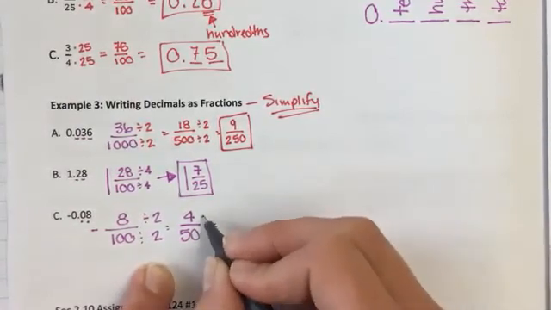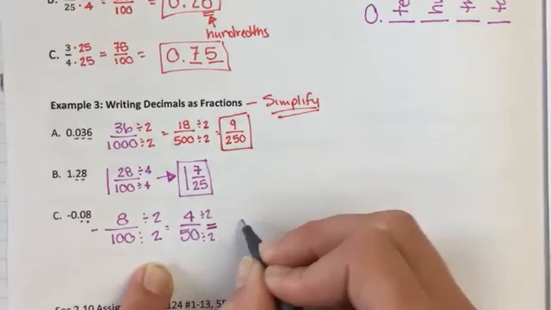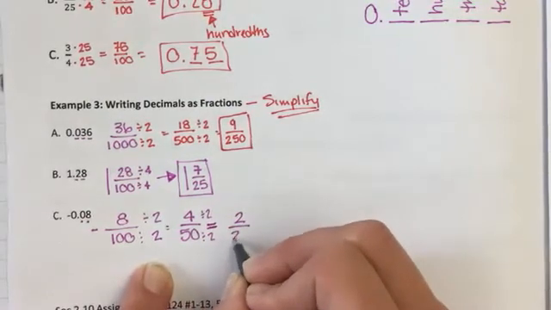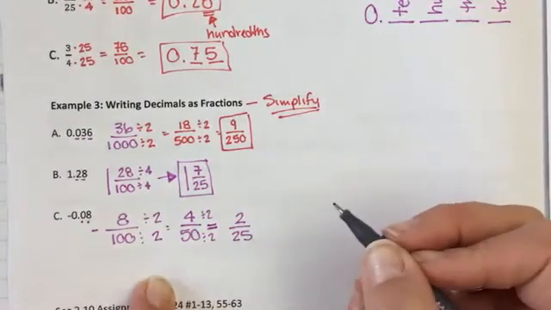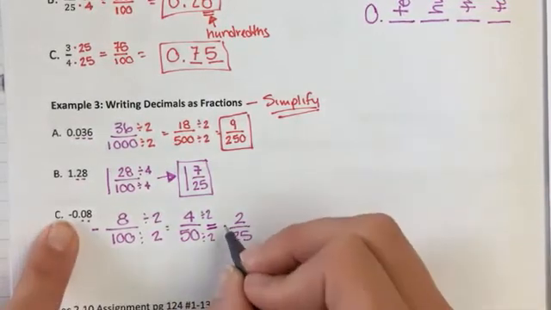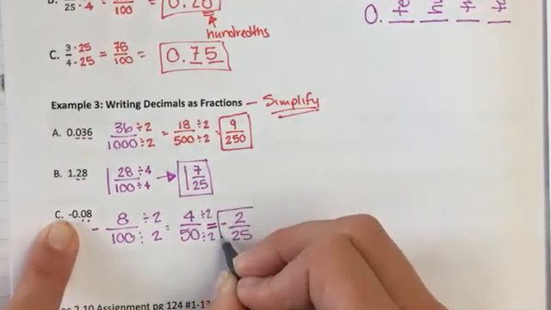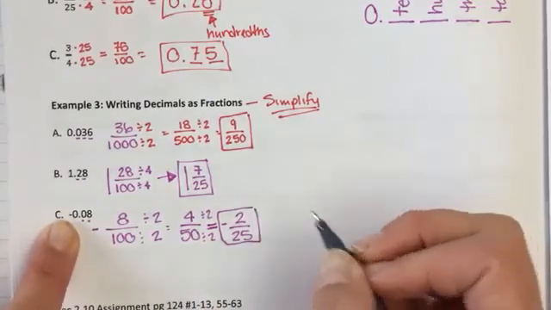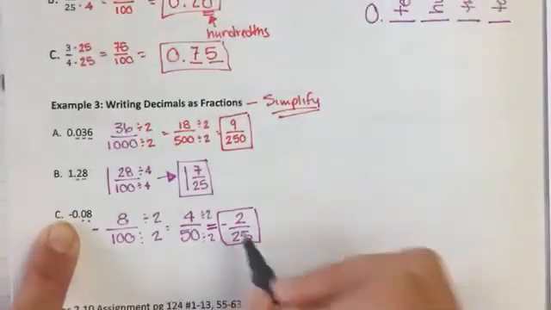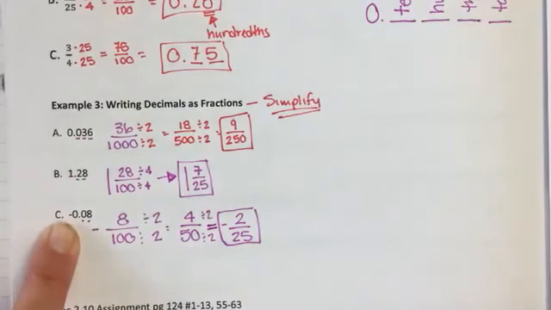Both can be divided by 2 again. That would give me 2 25ths. And that's as far as you can take it. Make sure you don't forget about our negative here. And with fractions, that negative can go with the top or the bottom or right out in front. I just was kind of scrunched for room. So that's your final answer.